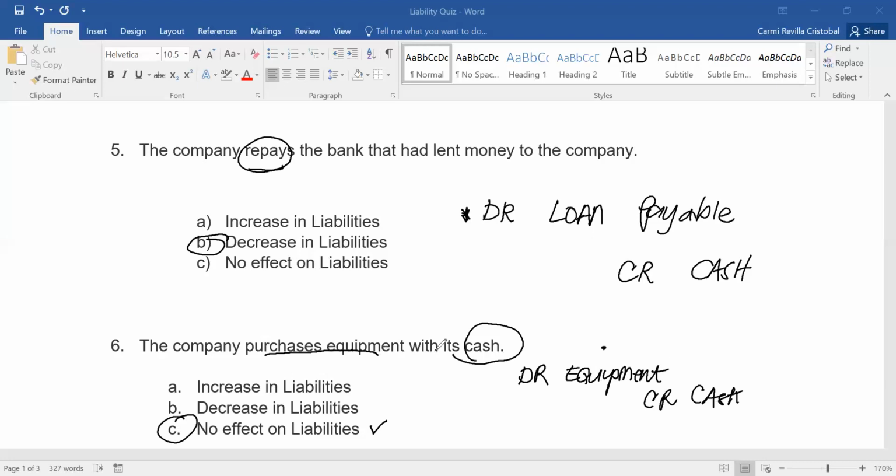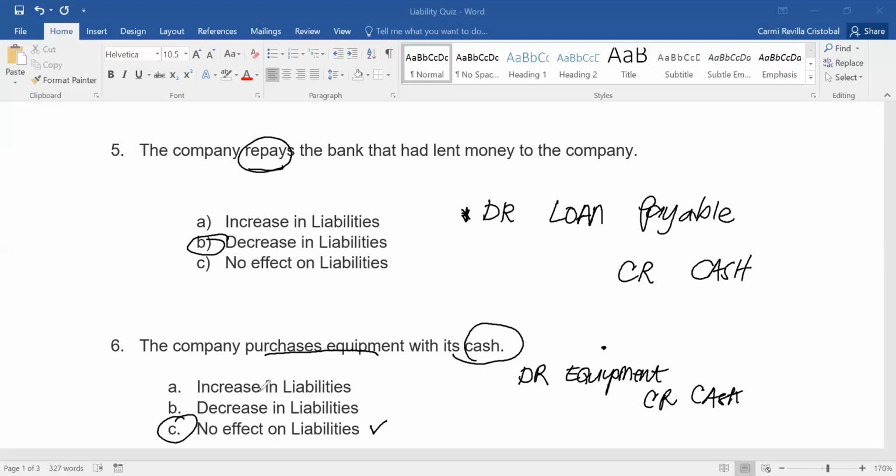No effects on liability. So, guys, yung mga ganito kasing transactions, you're not required to do the entries, but it's a requirement, kumbaga, para mas madali mong maiintindihan kung ano yung isasagot mo if you draw or if you write down ano yung supposedly na entry, para hindi ka malilito on what will be the effect on each account.